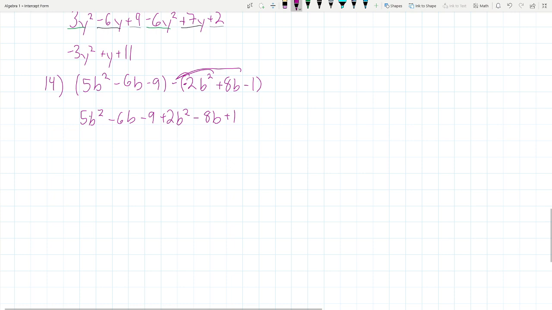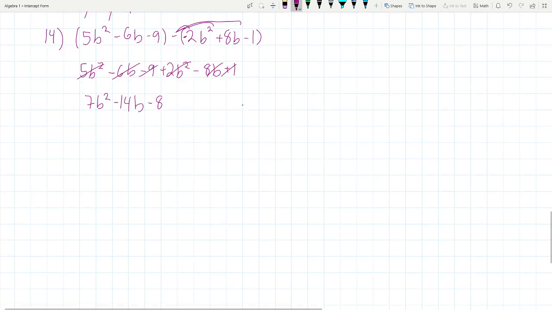All right. 5b squared plus 2b squared is 7b squared. Negative 6b, negative 8b, negative 14b. Negative 9 plus 1 is negative 8. I guess one thing that I have also seen people do is once they use something, they scratch it out. So then they know, okay, I used all those.